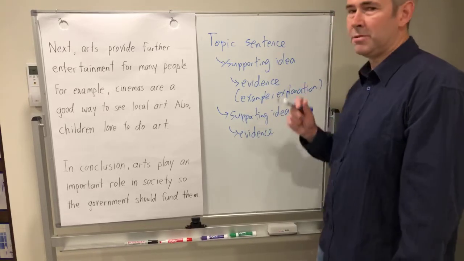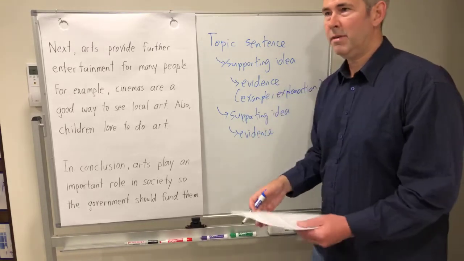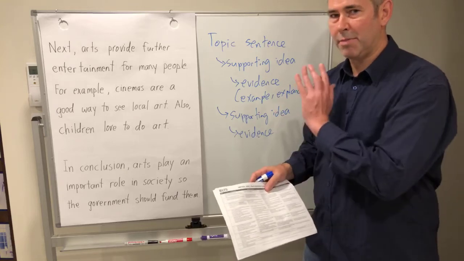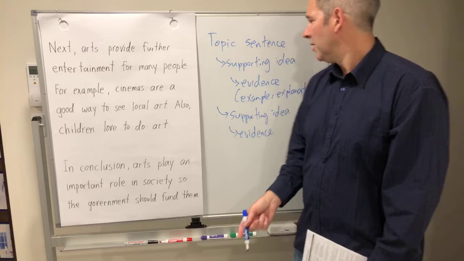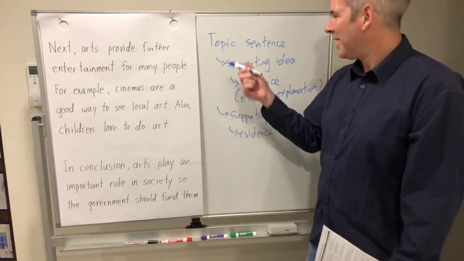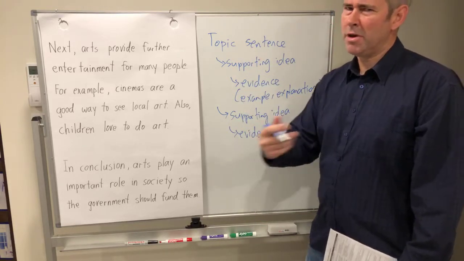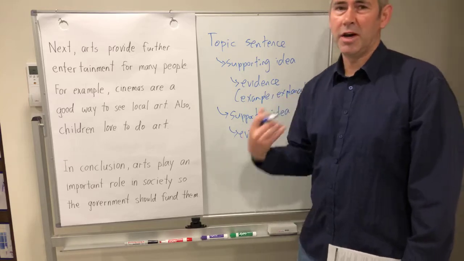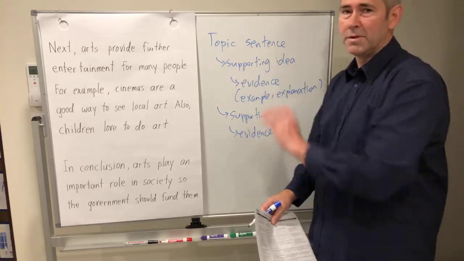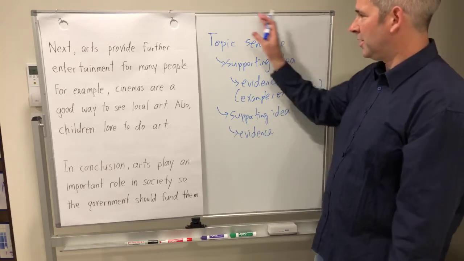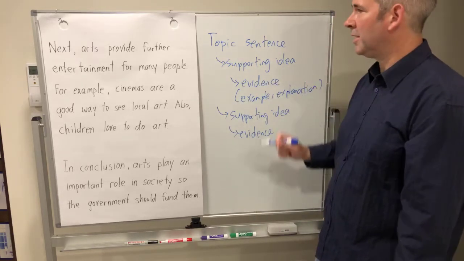Now, I know in the IELTS band descriptors, it does talk about your writing style becoming robotic. But I think if you follow this structure, it won't be overly robotic. If you put in some nice cohesive devices, if you link these ideas together with a topic sentence, which encompasses the supporting ideas.